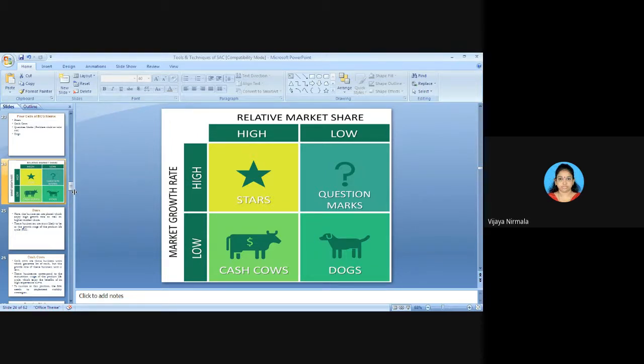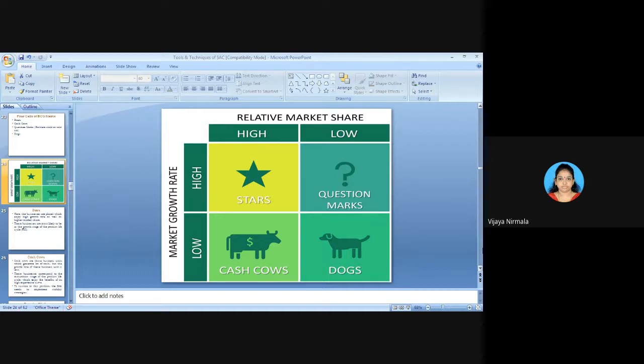If you maintain these cash cows, they will lead to profits. They can move to stars also. If not, at least the cash cows can move to question marks, but not dogs.